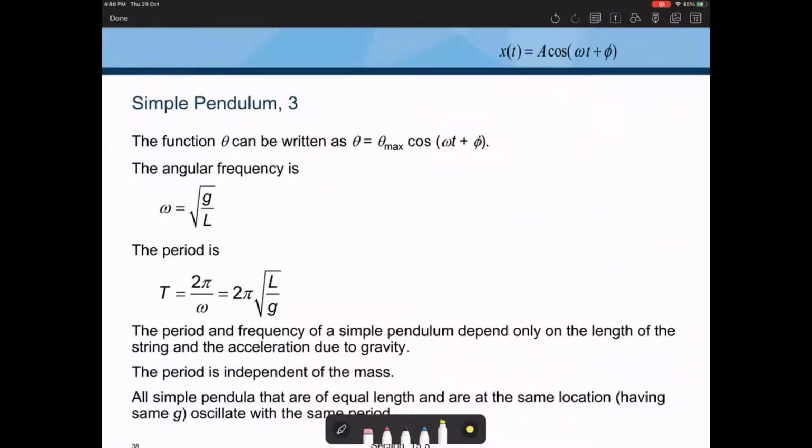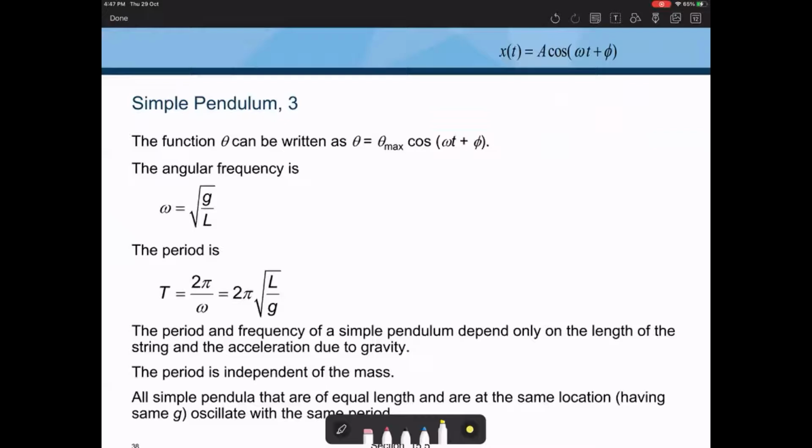Of course, it tells us that it would perform a simple harmonic motion with the particle displacement, or angular displacement, in a cosine format. Once again, whether it is a sine function or cosine function depends on the initial condition.